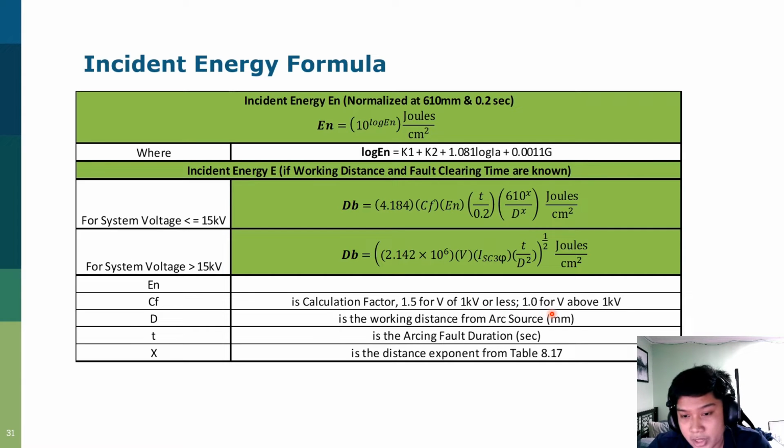If it's above 1 kilovolt, the CF or calculation factor is 1. D is the working distance from arc source. It must be in millimeter unit. T is the arcing fault duration. It should be in seconds unit. X is the distance exponent that can be seen in the previous slides.